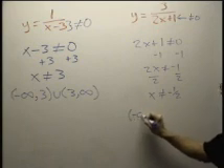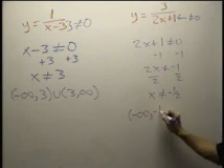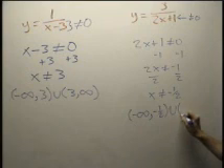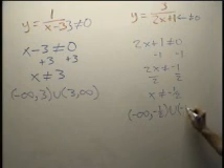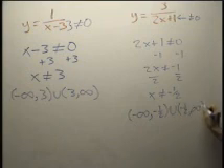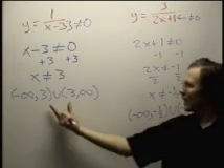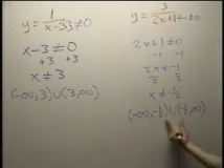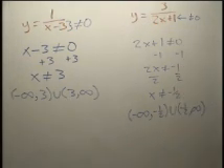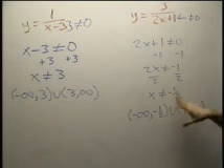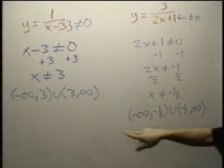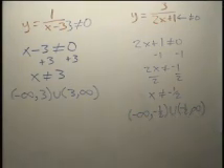So the domain consists of everything to the left of negative 1/2 and everything to the right of negative 1/2. Notice in both of these examples that we have parentheses because we want to state that whatever our missing point is, negative 1/2 or 3, that it is not part of the domain, and the parentheses tell us that.